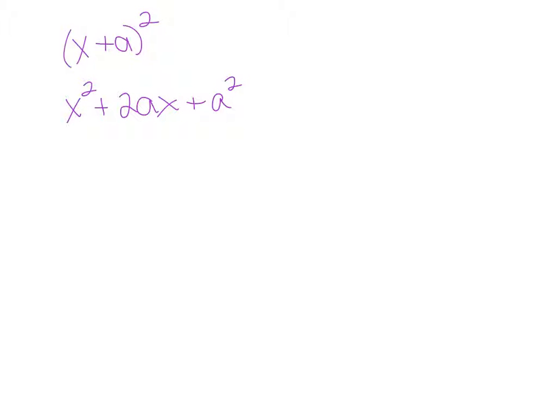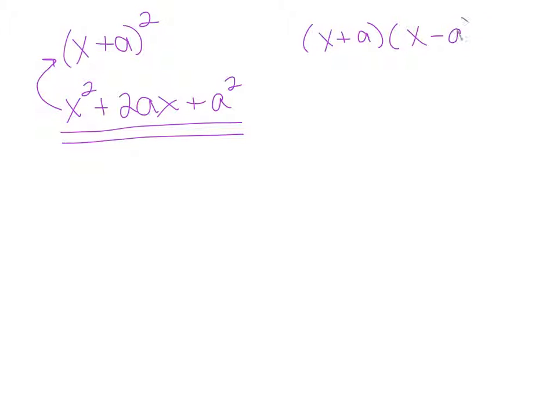So as you're working and you're looking at these trinomials that you're being asked to factor, you're looking for that format and working back. Now, if you had x plus a, x minus a, if I were to multiply that, I'd get x squared minus a squared. Again, if you're looking at a binomial in that format, work backwards for your factoring.